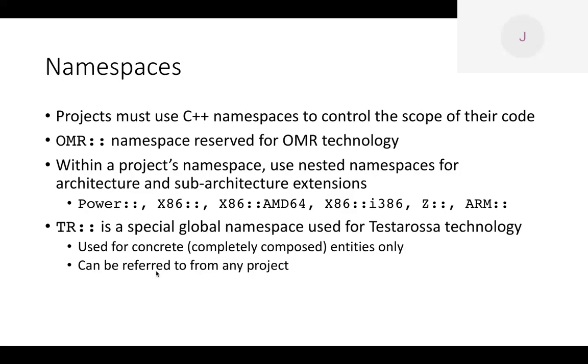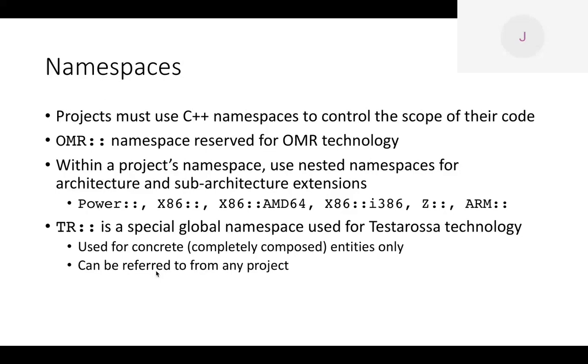So for example, OpenJ9 uses J9 as its namespace. If you've ever looked at Ruby code, it uses, surprise, Ruby. But pretty much any other name is available. Now, within a particular project, we also use nested namespaces to describe architecture and sub-architecture extensions. So I listed a few of them there. Actually, that's probably all of them, to be honest with you. Power, x86, and even further nested for x86, AMD64, and so forth.